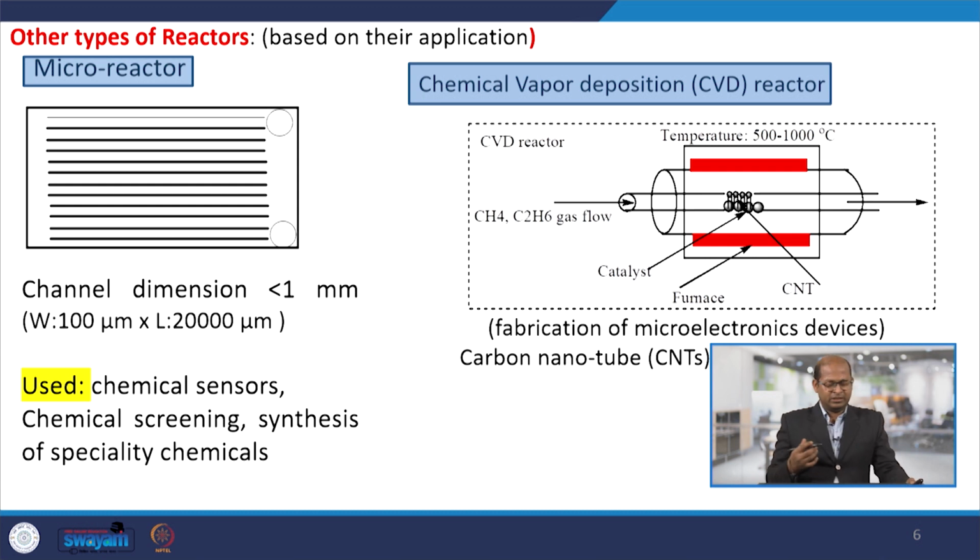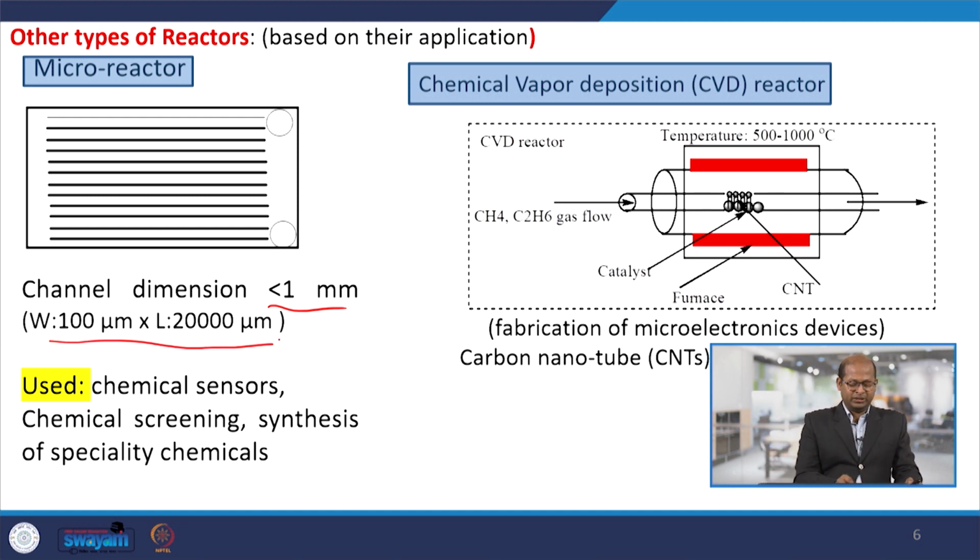So, in this type of reactor, the channels through which the reactant will pass have very small dimensions. It may be less than 1 mm in width and length, a very small range. Therefore, this type of reactor is considered a micro reactor depending upon the dimension of the reactor.